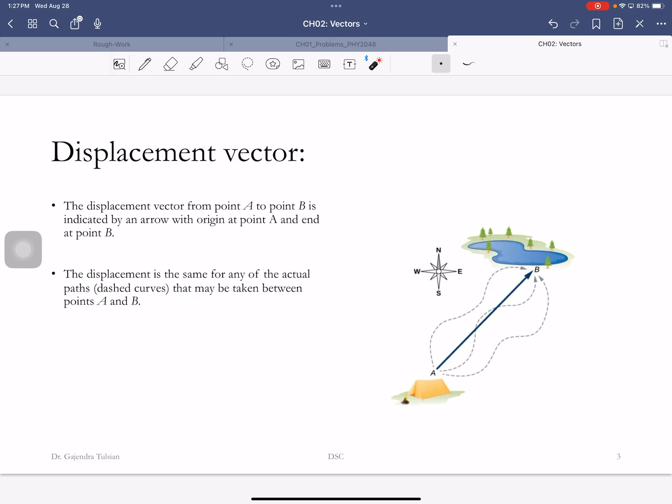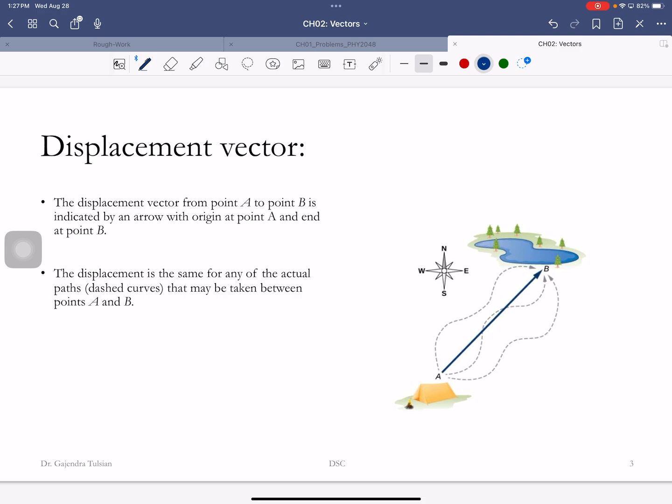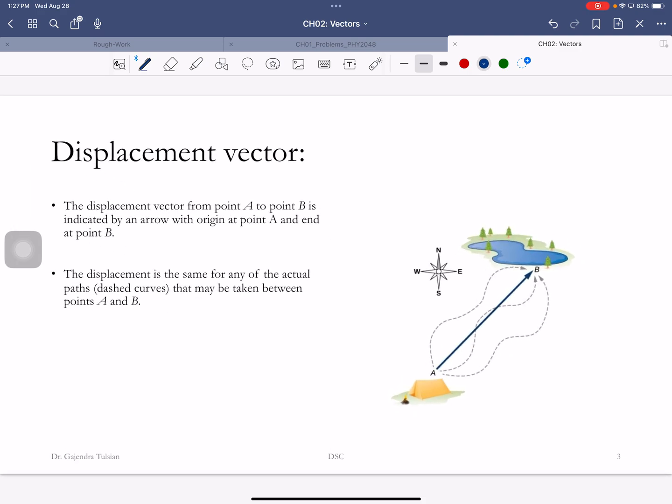Well, it depends on how many dimensions you are in. Let's say you're in 3 dimensions. Here's the 0 vector. There are 3 zeros, so all the components are 0. Anyway, this is your first physical vector. Displacement vector is from the initial position to the final position.